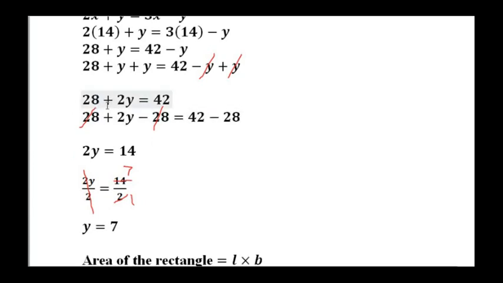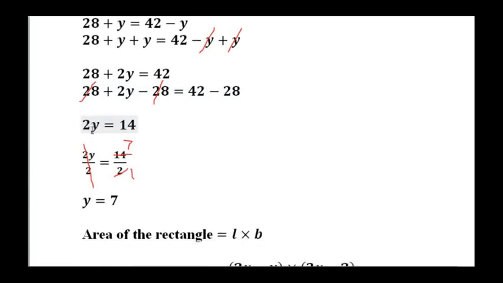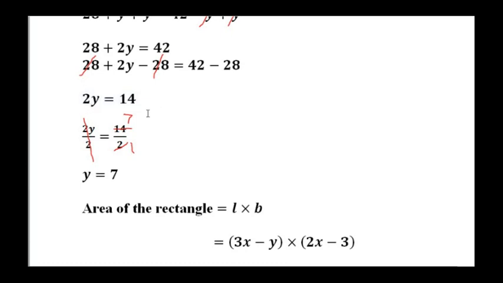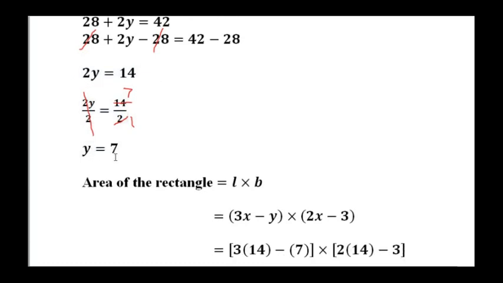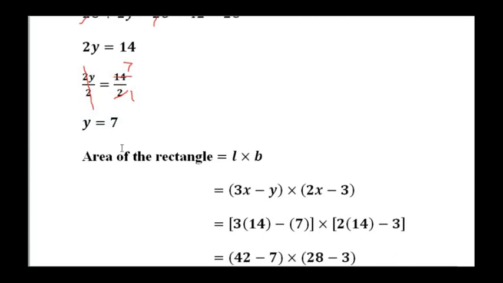Next, I will subtract 28 from both sides of the equation. We get 2y equals 14. Now, I'll divide both sides of the equation by 2. We get y equals 7.